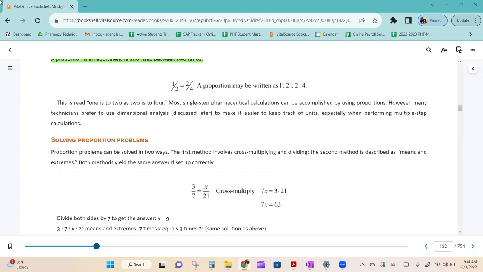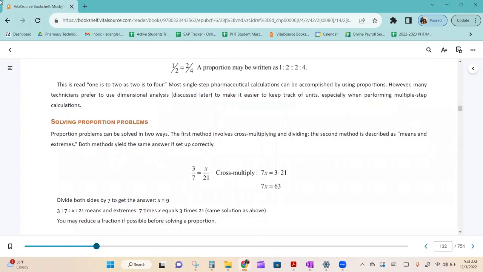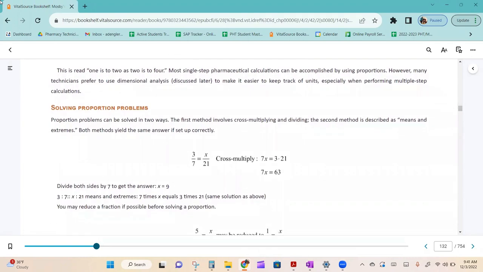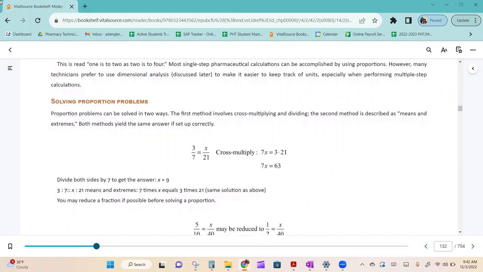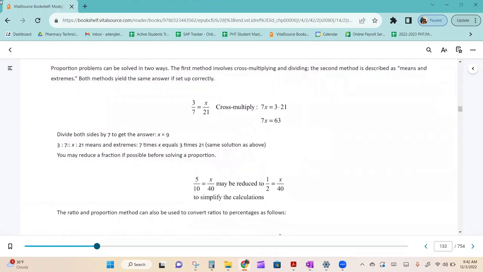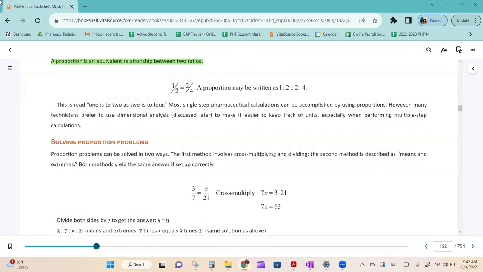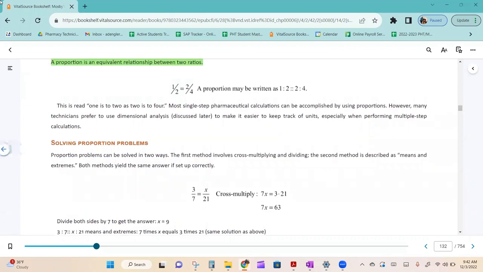Proportions can be solved in two ways. The first involves cross multiplying and dividing. The second method is described as means and extremes. We are not going to do means and extremes. We are going to do cross multiply and divide.